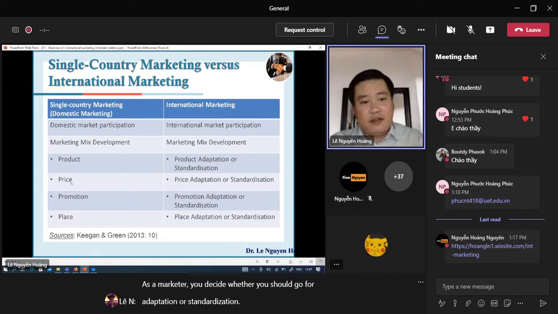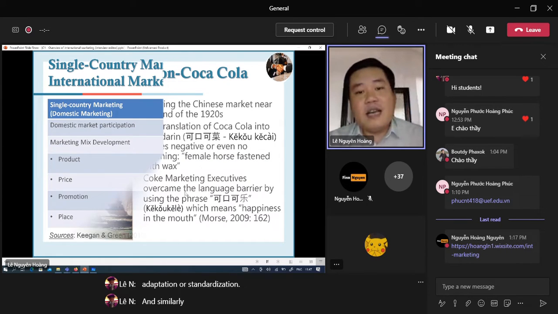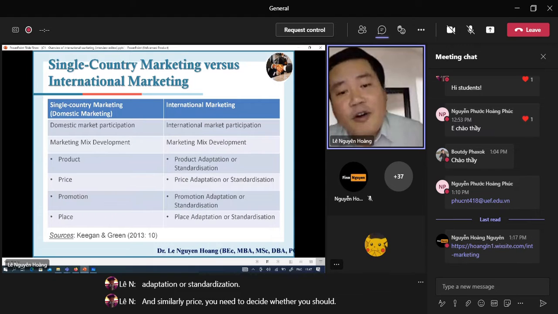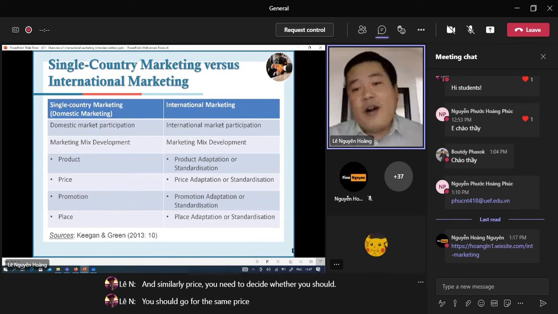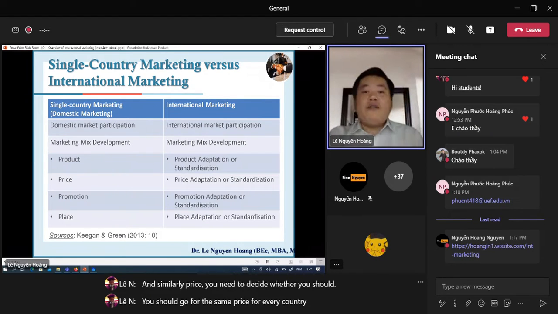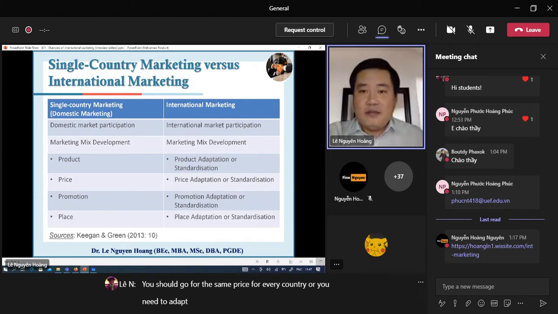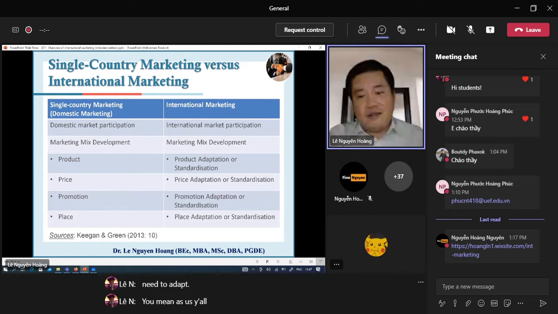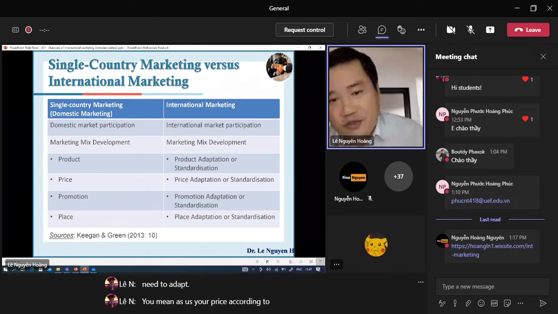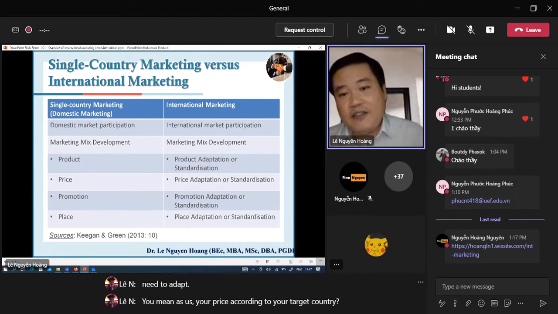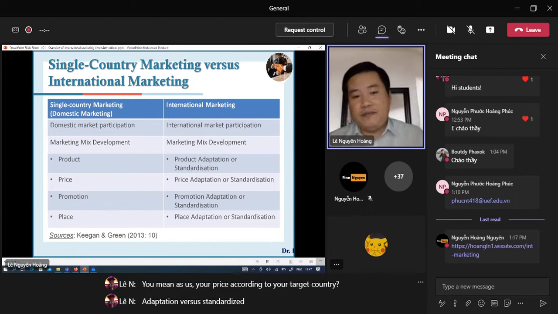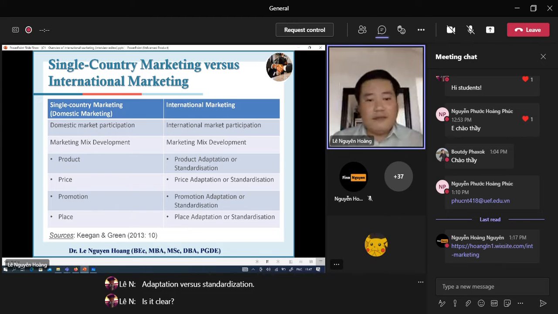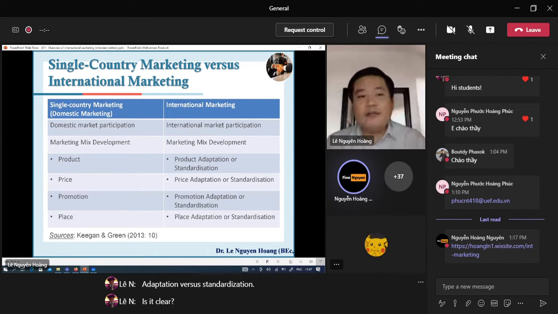Similarly with price, you need to decide whether you should go for the same price in every country or adapt, meaning adjust your price according to your target country. Adaptation versus standardization. Is it clear? Okay, good.